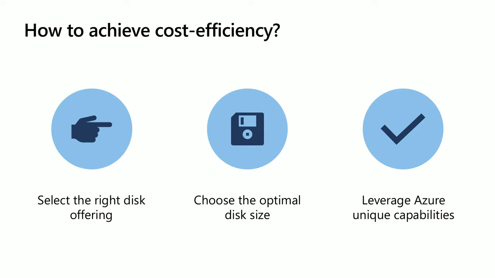This is not only about capacity, it's also about performance, where you need to ensure the disk IOPS and bandwidth can fit what your workload requires. Then the third step, which is most important, leverage Azure unique capabilities. You would like to think about whether your workload is leveraging some unique capability of Azure so that you'll be able to achieve price, performance, and cost efficiency.